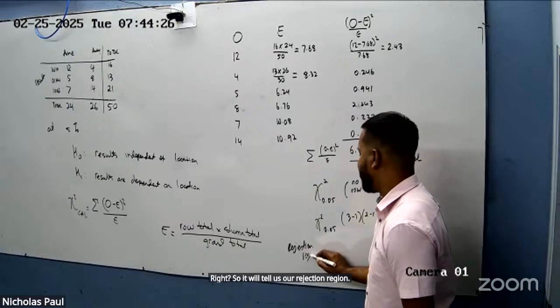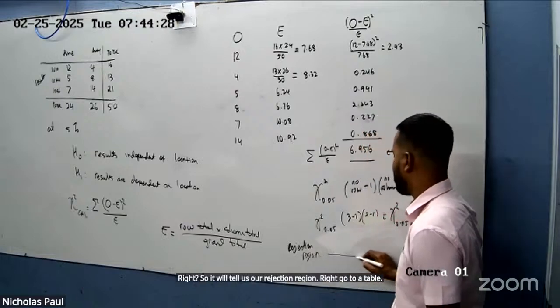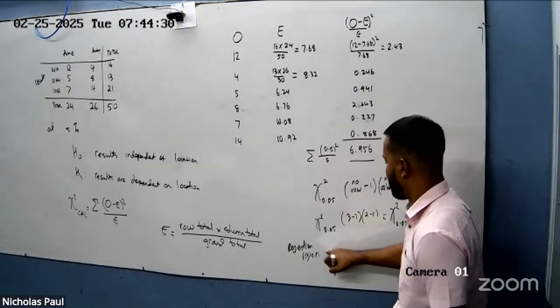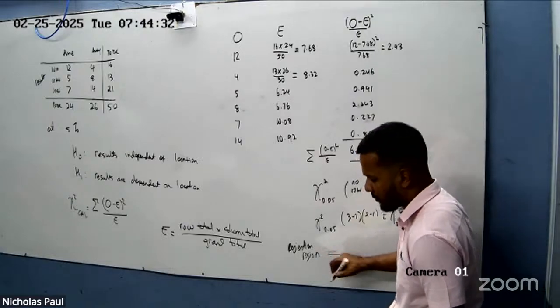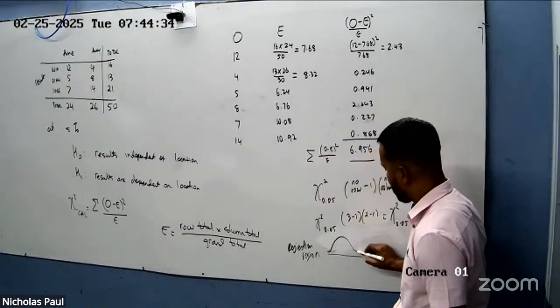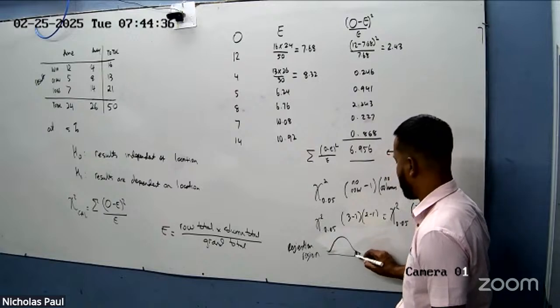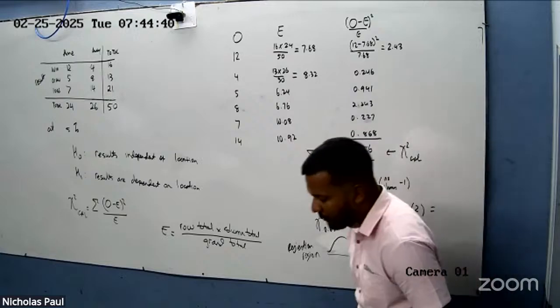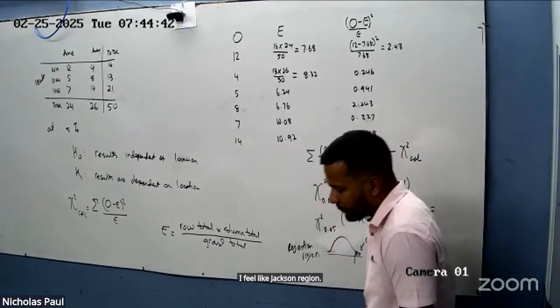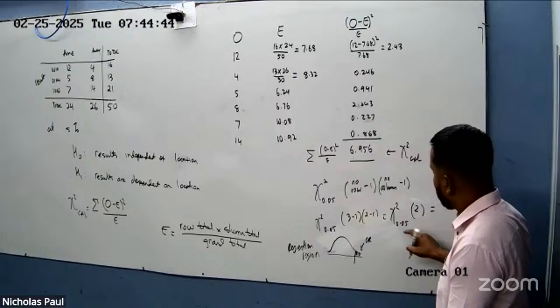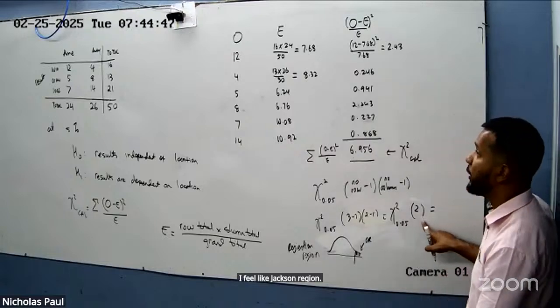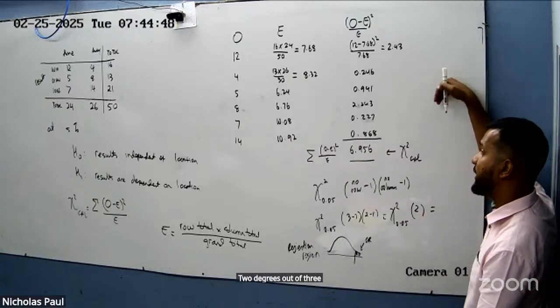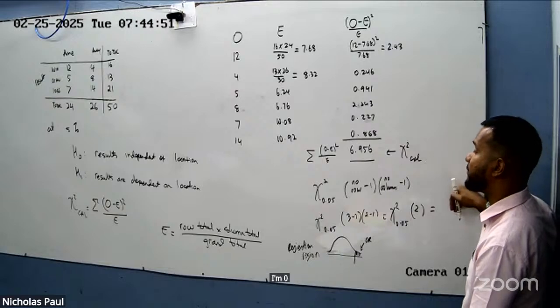Go to a table. What did you all get for the rejection region? Remember, you're reading off 2 degrees of freedom and you're reading off from the top of the next column, 0.95.